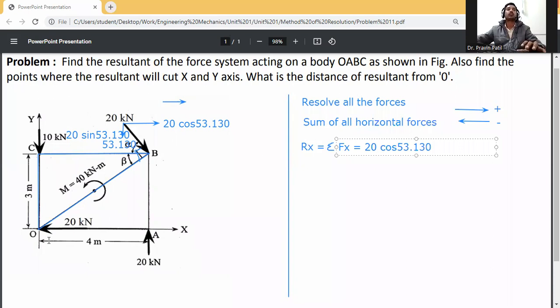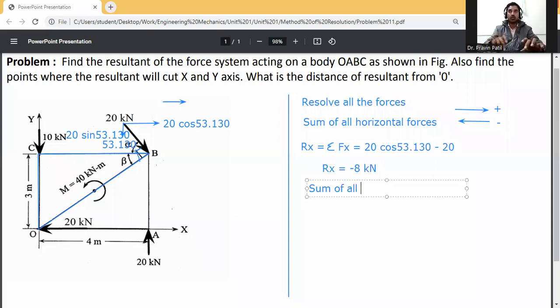At C it is a vertical force, at O it is left side, so that is minus 20. So Rx is equal to 20 cos 53.130 minus 20, which is minus 8 kilonewton. Then find the sum of all the vertical forces.